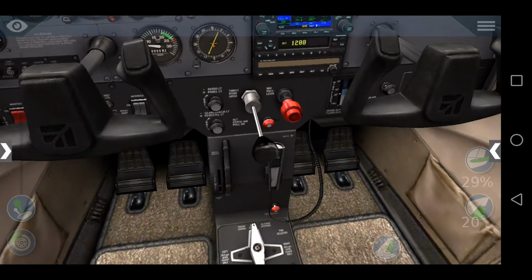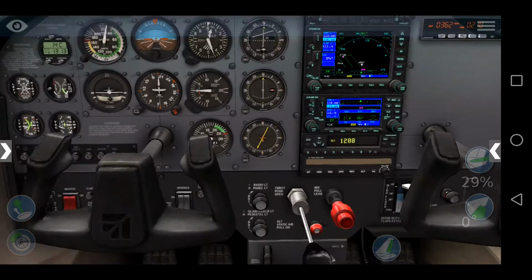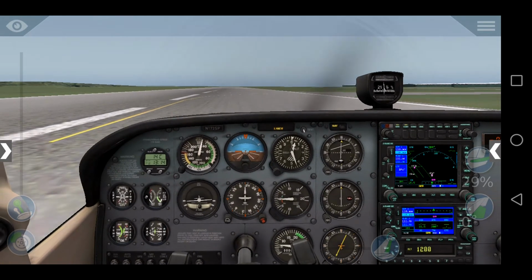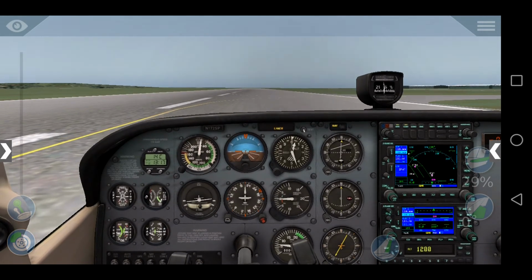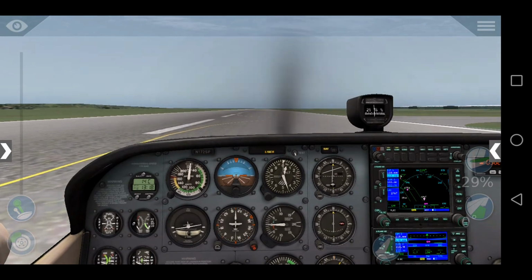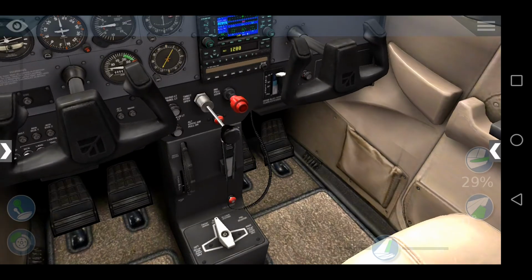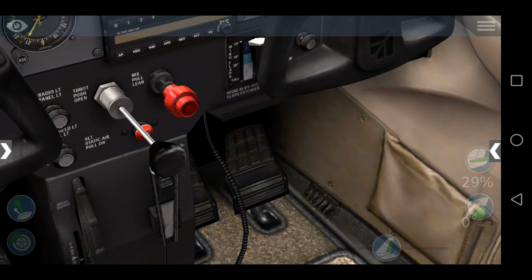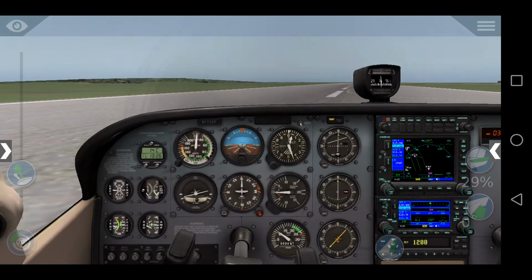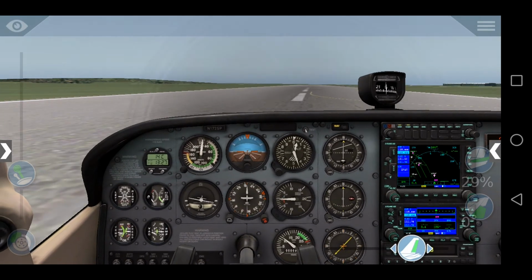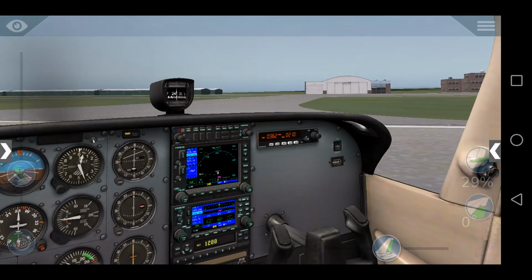And flaps can go up. Flaps retracted. And yeah, we're going to taxi somewhere around here. I need to give the airplane a little bit of power so that it should be able to taxi. Alright, there we are.